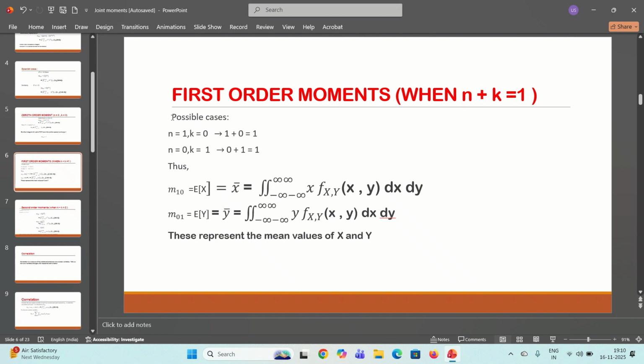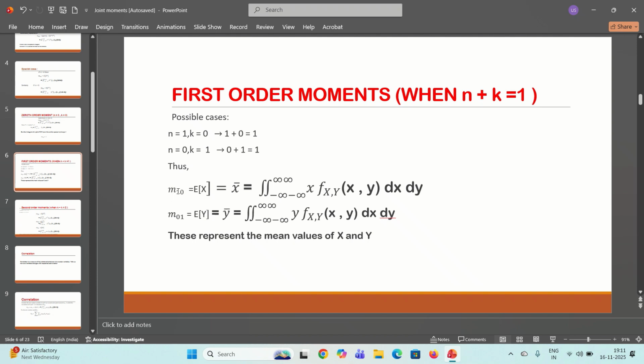This is taken as two cases. First one is n equals 1, k equals 0. Another one is n equals 0, k equals 1. In both cases, the sum of n plus k equals 1.